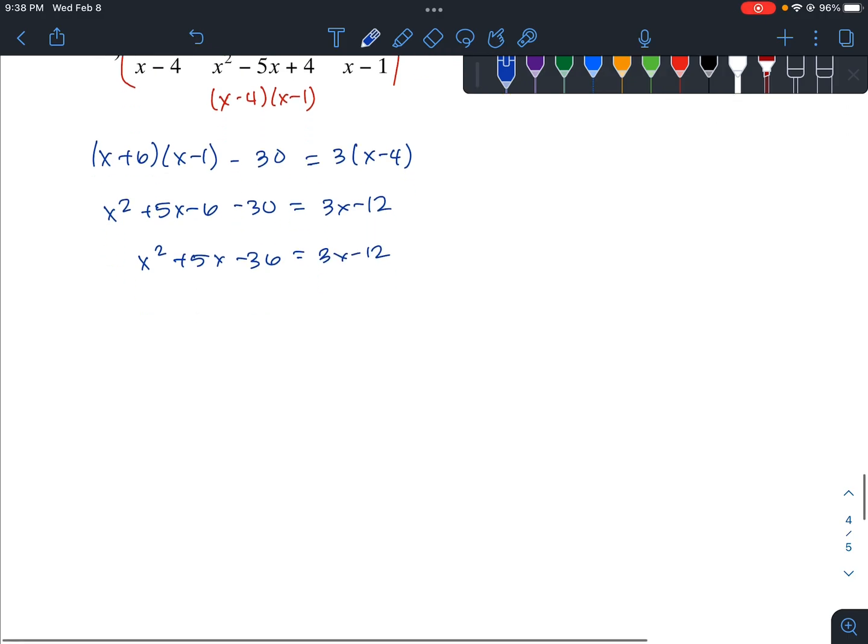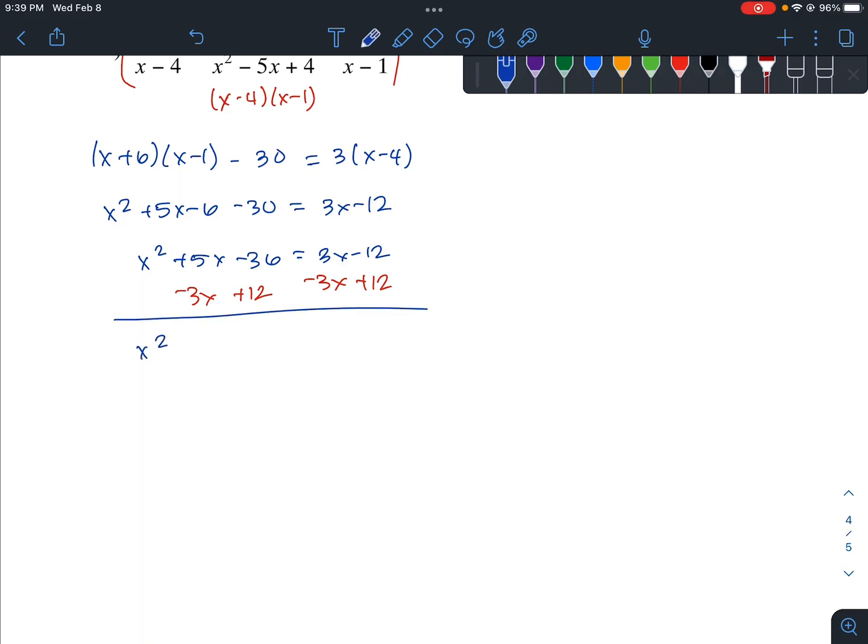I'm going to want to subtract 3x from both sides, so subtract 3x, subtract 3x. I'm going to want to add 12 and add 12. Okay, so I have x squared, and that's going to give me plus 2x, and that's going to give me minus 24 equal to 0.